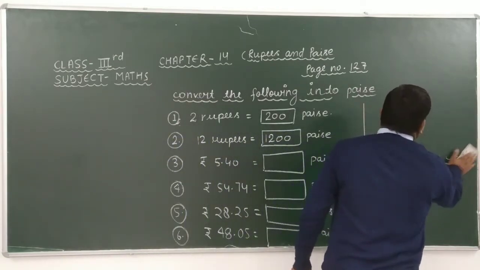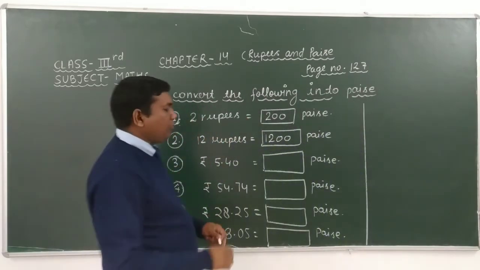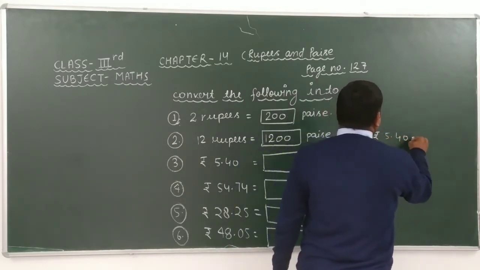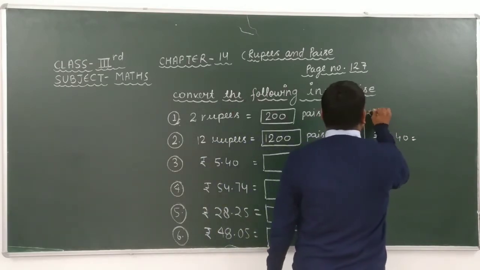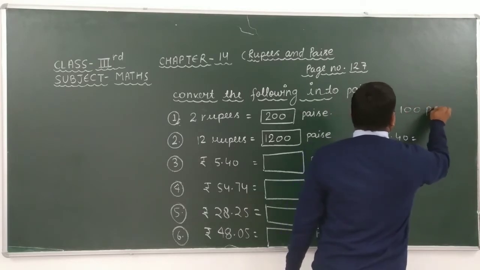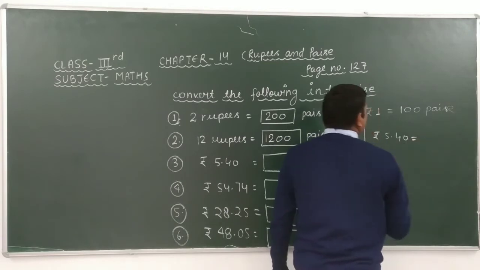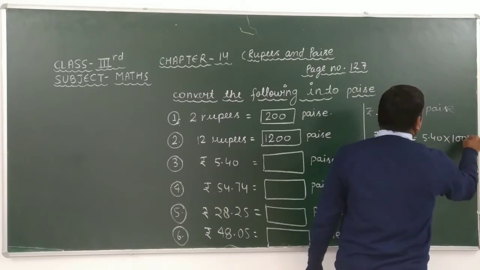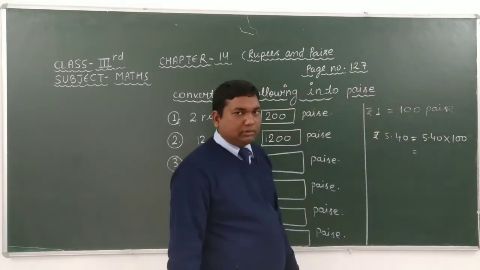Look, in question number 3, it is given rupees 5.40. Rupees 5.40 is equal to, we know that 1 rupee is equal to 100 paise. Then rupees 5.40 is equal to, if we multiply 5.40 by 100 paise, then we get the answer of this question.